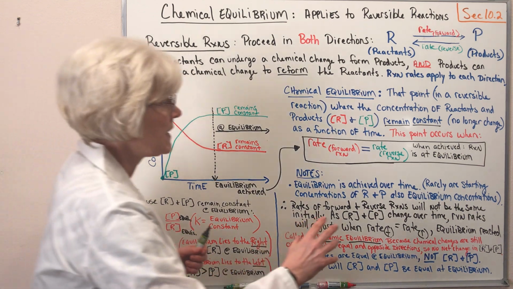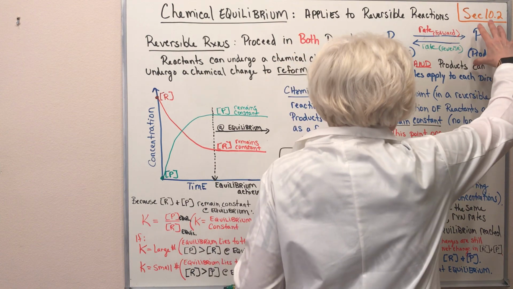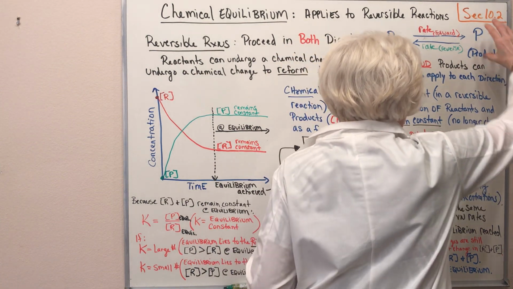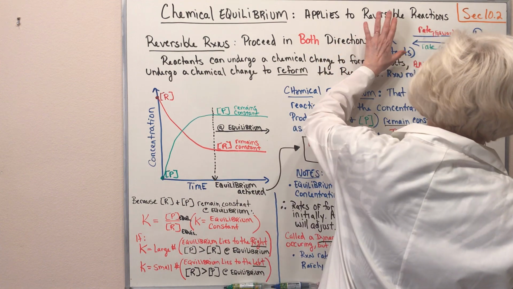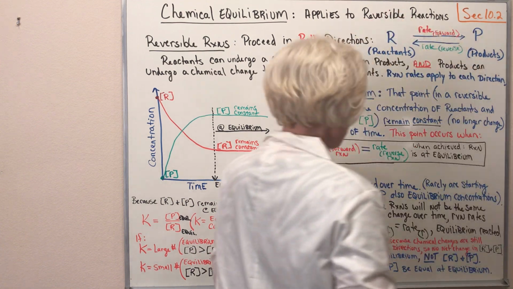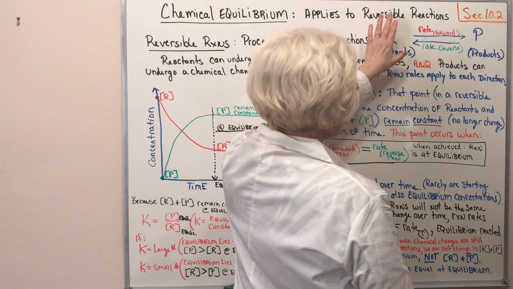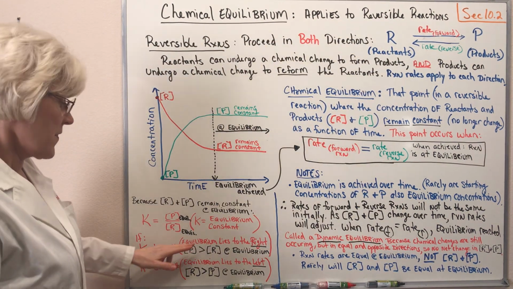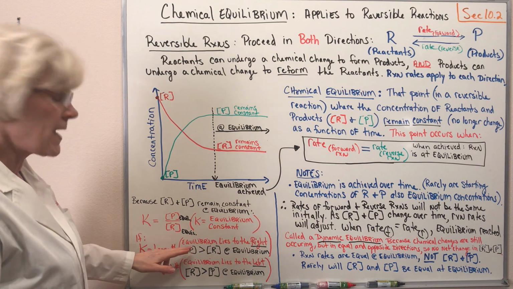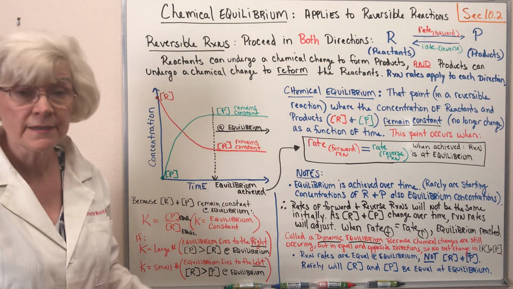And what does that mean? At equilibrium, right referring to the product side, the right-hand side of this equation, left referring to the reactant side, the left-hand side of this equation. If K is a large number, then the equilibrium lies to the right, and you will have more product than reactant at equilibrium.